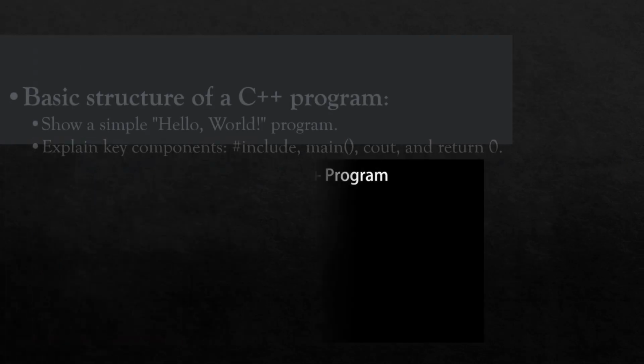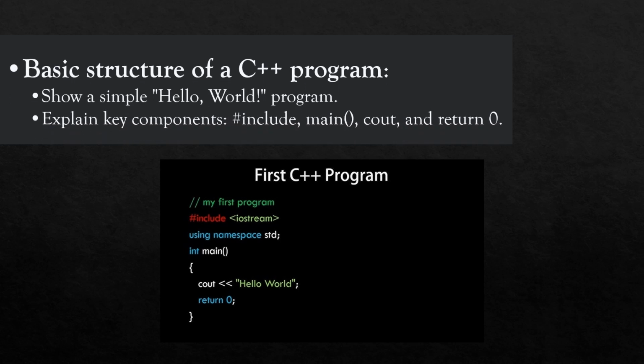Now let's take a look at the basic syntax of C++. Don't worry if you are new to programming, I will break it down step by step for you. Here is a simple C++ code that prints hello world to the screen. Let's break it down. #include <iostream>.